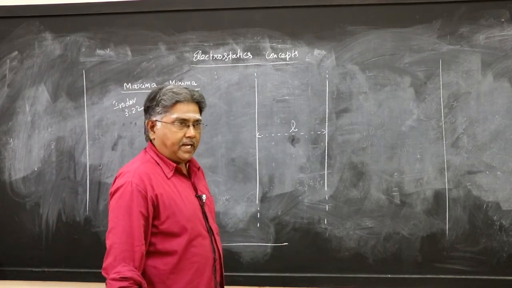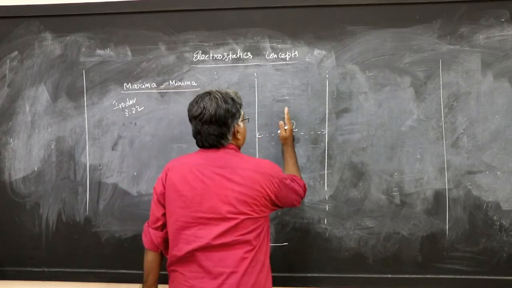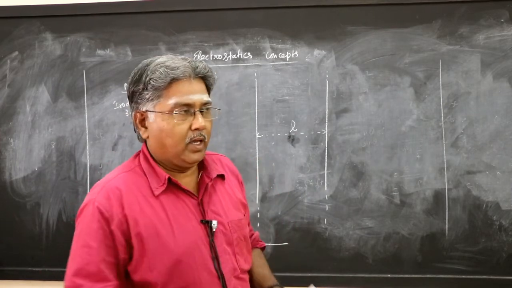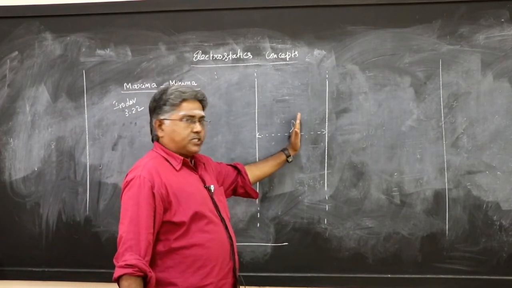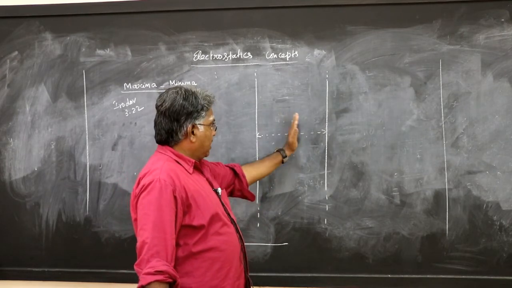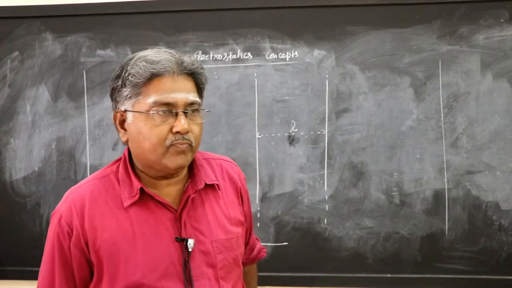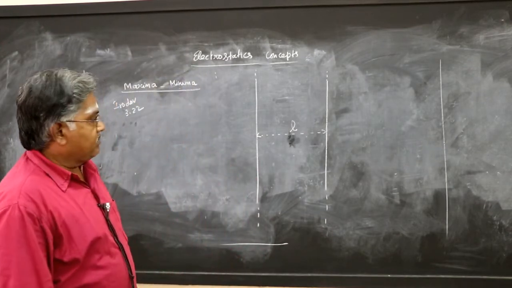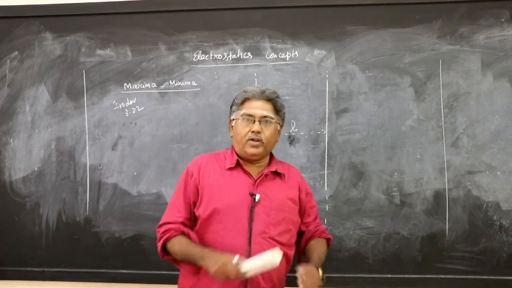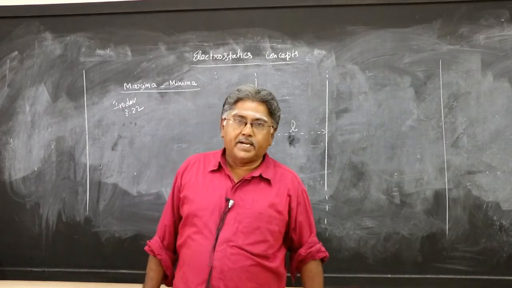A symmetry plane means it is equidistant from these two threads, and it is perpendicular to the plane containing the two lines of charge. Such a plane we can take to be the symmetry plane. In such a symmetry plane, what is the maximum value of the electric field intensity?